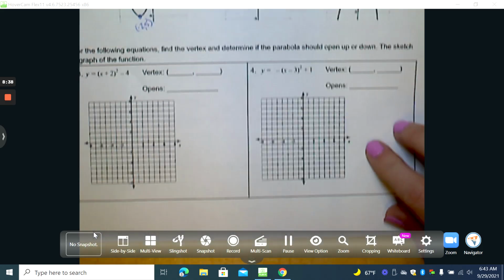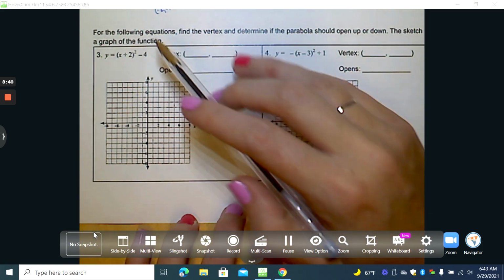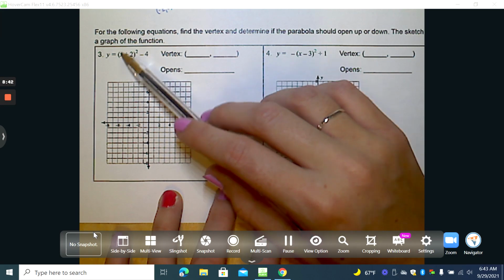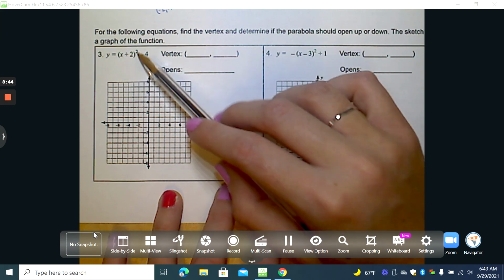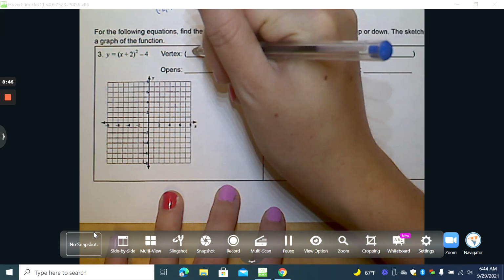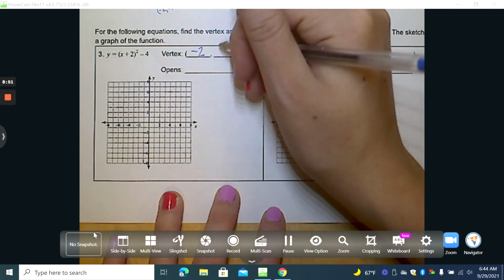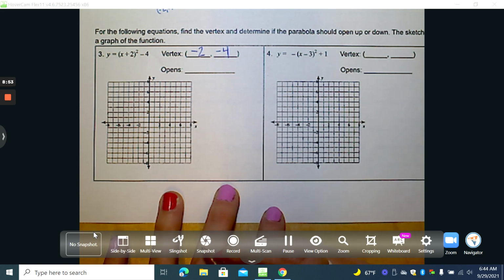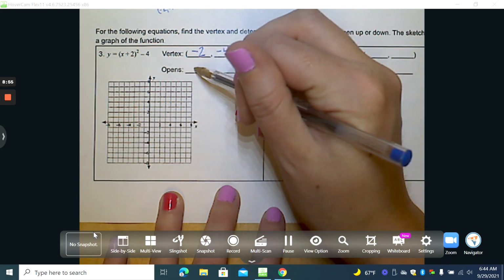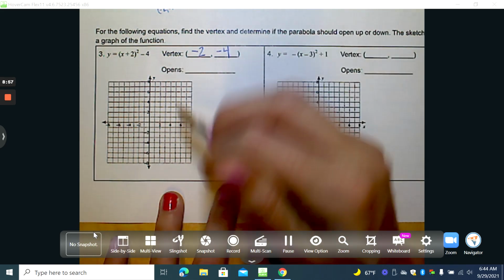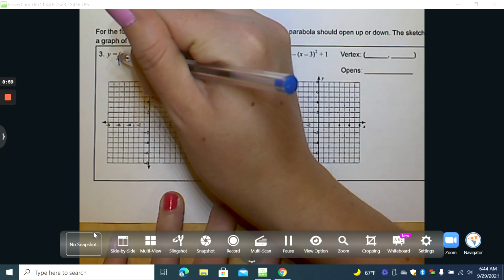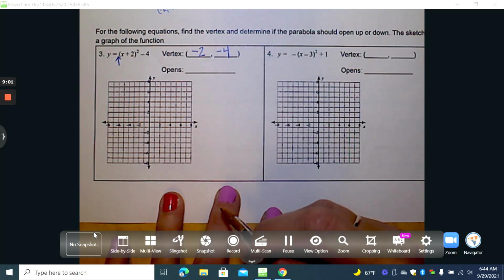Let's practice graphing just a few on our own. So I have this equation, x plus 2 minus 4. That plus 2 changes to negative 2. Minus 4 stays the same, so I'm going to have a negative 4. And if it opens, I want to know, does it open up or down? I'm going to look in front of my equation.